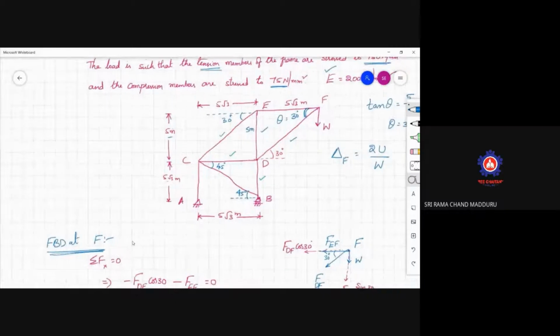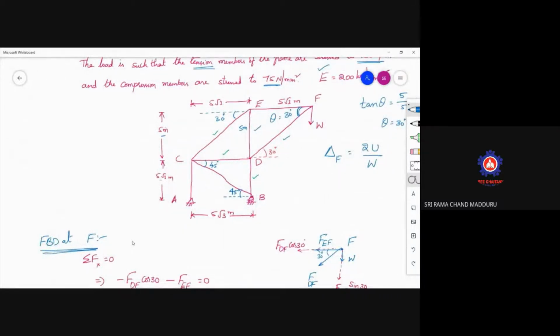Here it is given as 5 root 3. This is 5 meters. What is the length of DF? This is nothing but square root of 5 square plus 5 root 3 whole square.